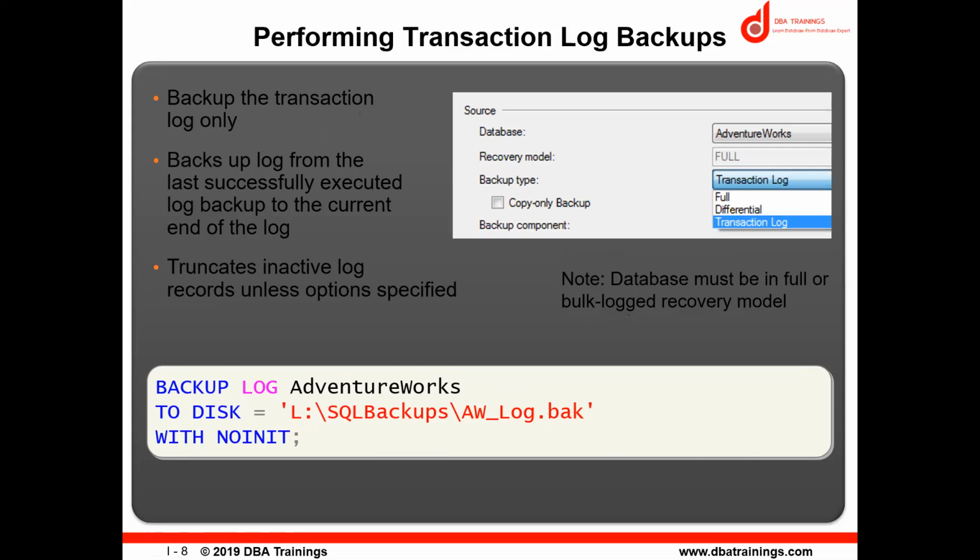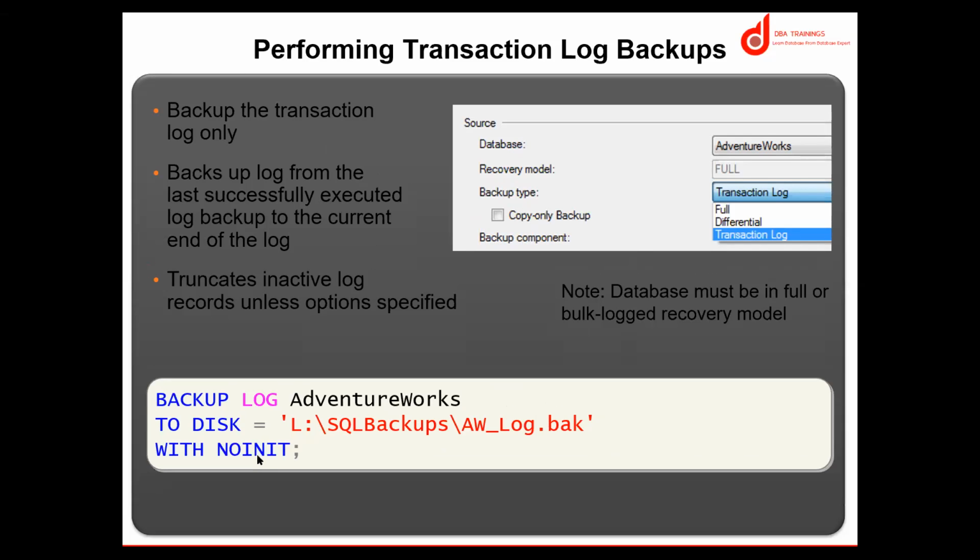So here you have to just give WITH NO_INIT, no differential word. Whenever you are taking the transactional backup, we have to give the same, with NO_INIT. So just remove the differential word, and you are able to do it with the command line. This way you are able to perform the backup in your database.